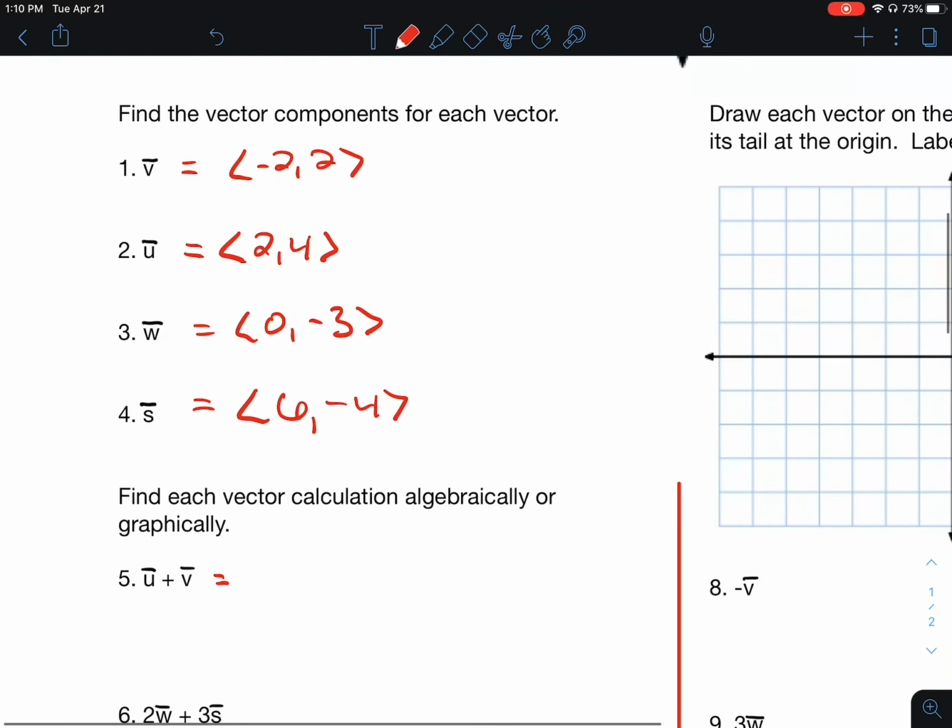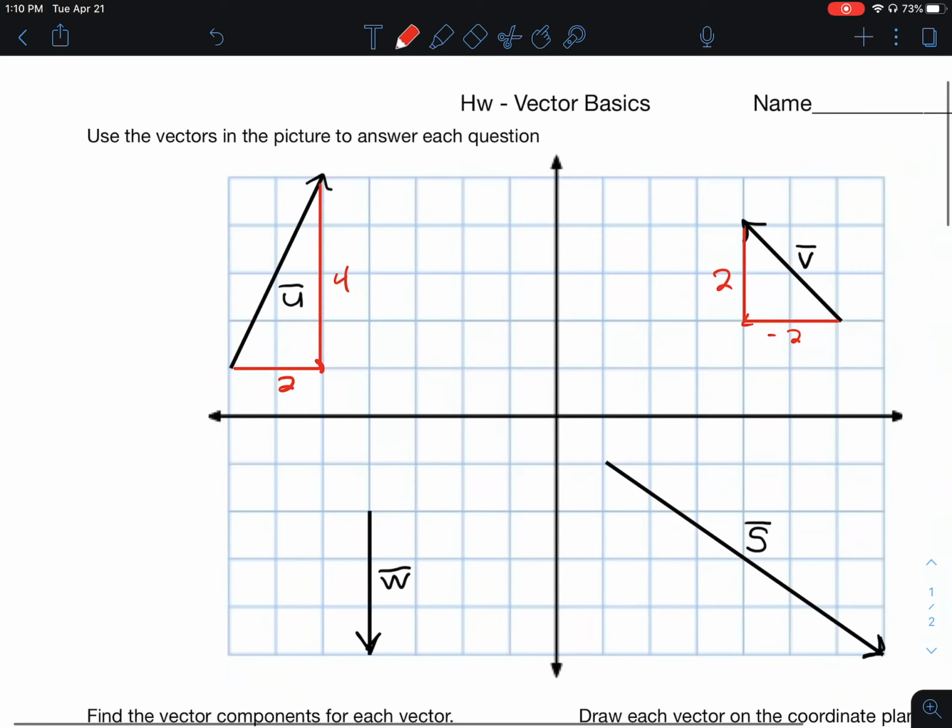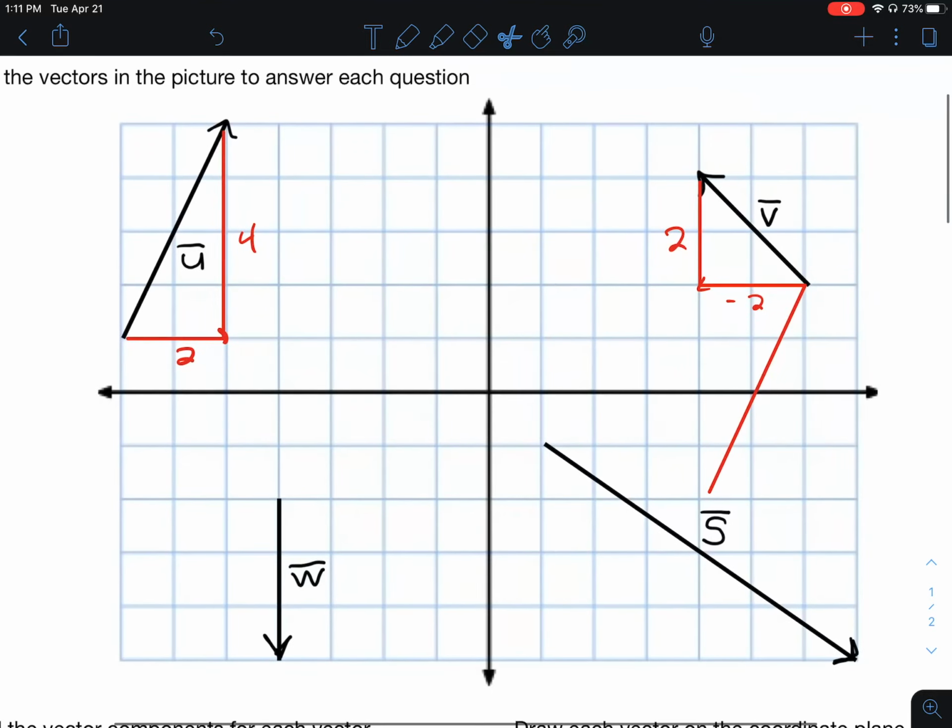So if I take vector u and v and put those together, let's say that I do something like this, where this is vector u coupled with vector v. The resultant of that would be along this. Tell you what, that is not to scale.